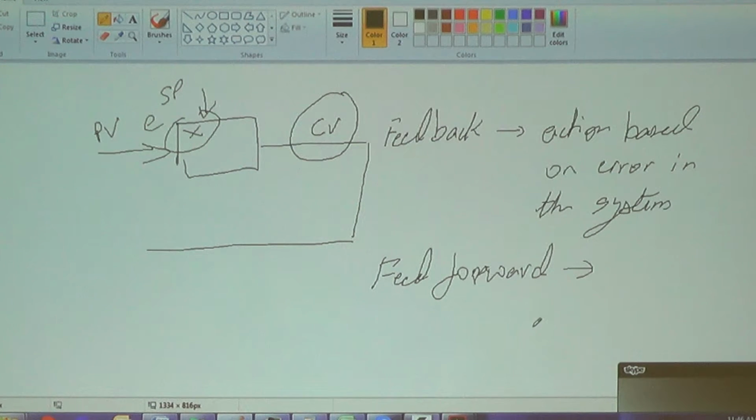Because of 100 GPM, my control logic says the steam coming in would have a flow of 30 GPM.